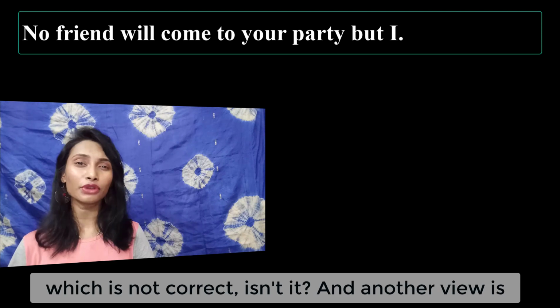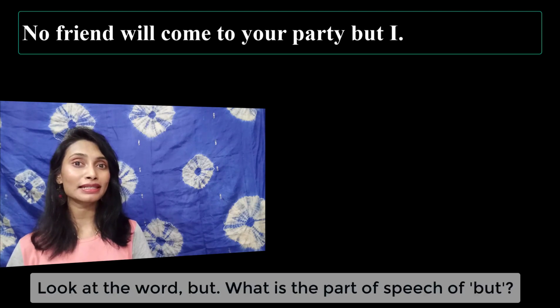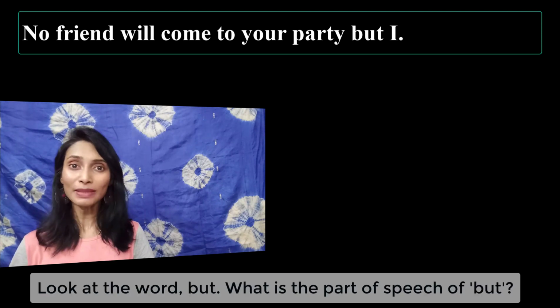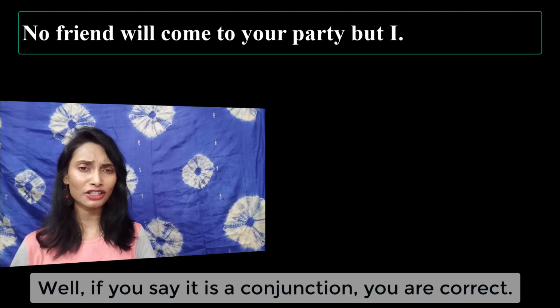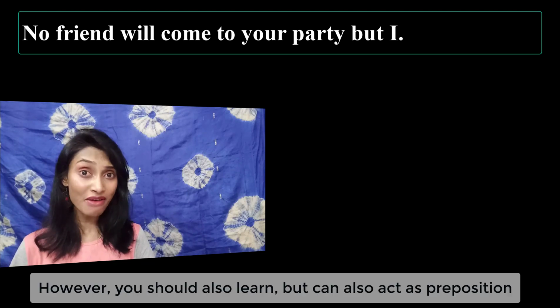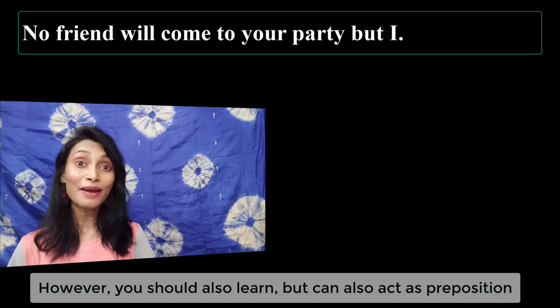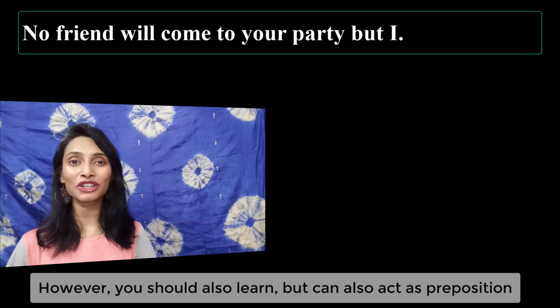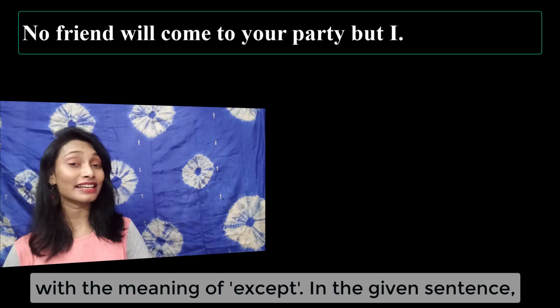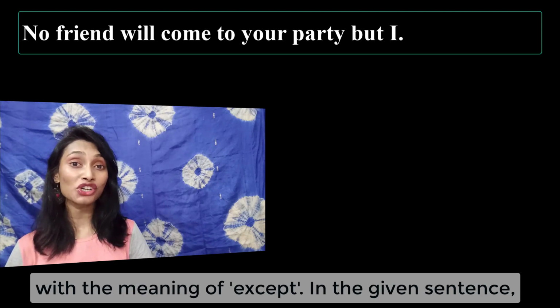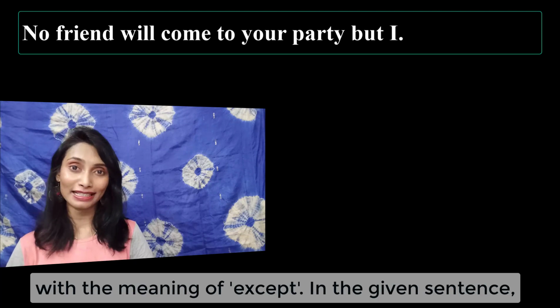And another view is, look at this word but. What are the parts of speech of but? Well, if you say it is a conjunction, you are correct. However, you should also learn but can also act as preposition with the meaning of except. In the given sentence, but is used as a preposition with the meaning of except.